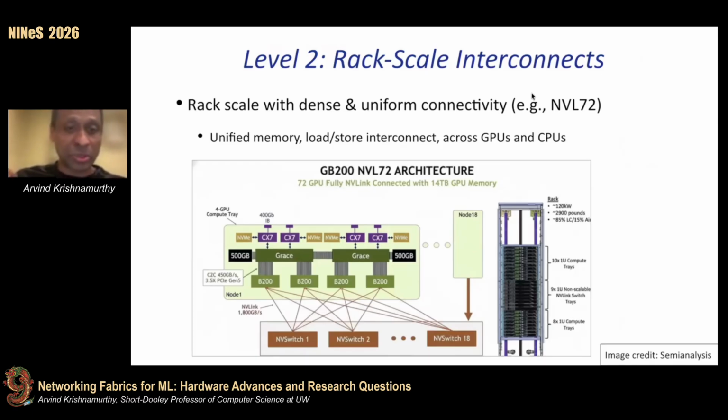And you can also perform load stores at 300 nanoseconds across these GPUs. So what we have is essentially an immense amount of integration, providing a unified memory model, and you also have a load store interconnect, but not necessarily cache coherence, as you might have seen with the server interconnect.